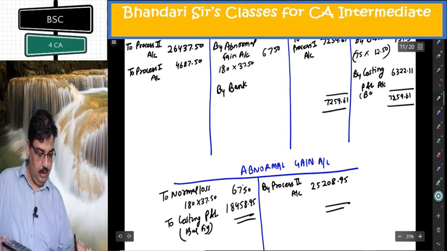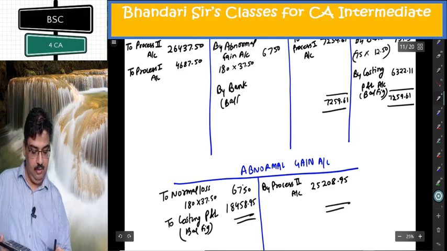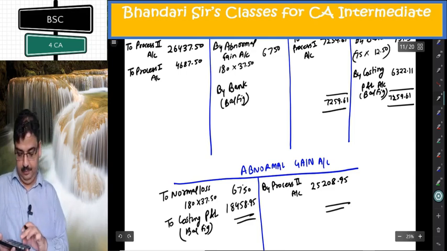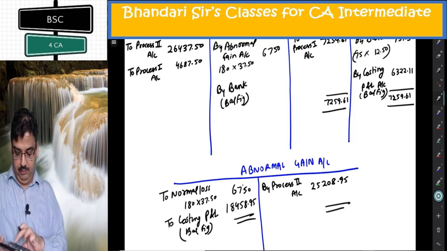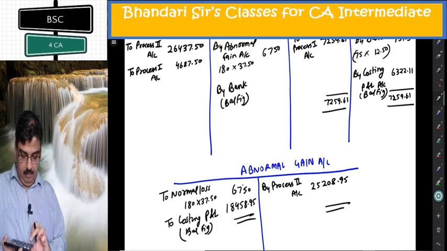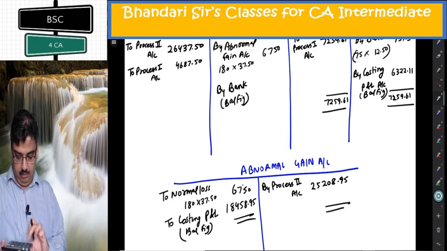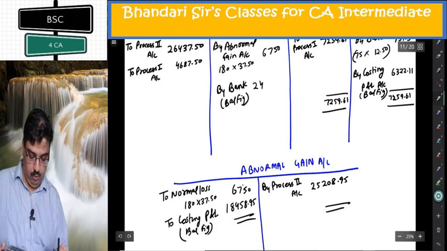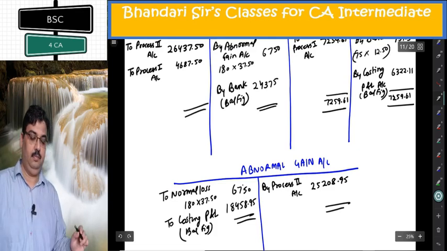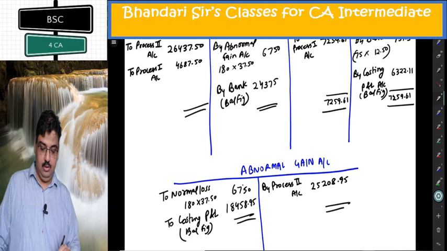This was also balancing figure. Here this is balancing figure by bank. 26437.5 plus 4687.5 minus 6750. I am getting in bank 24375. Check. I hope it is clear.